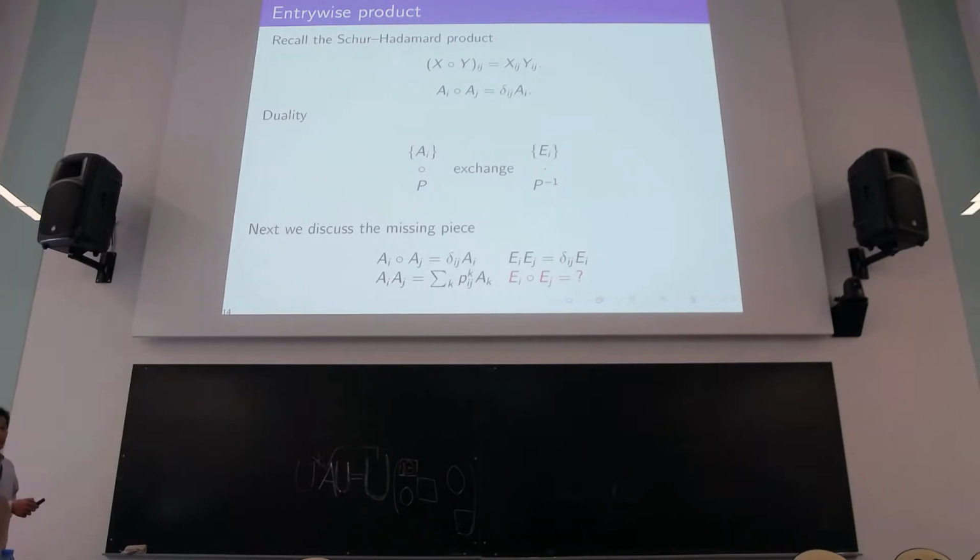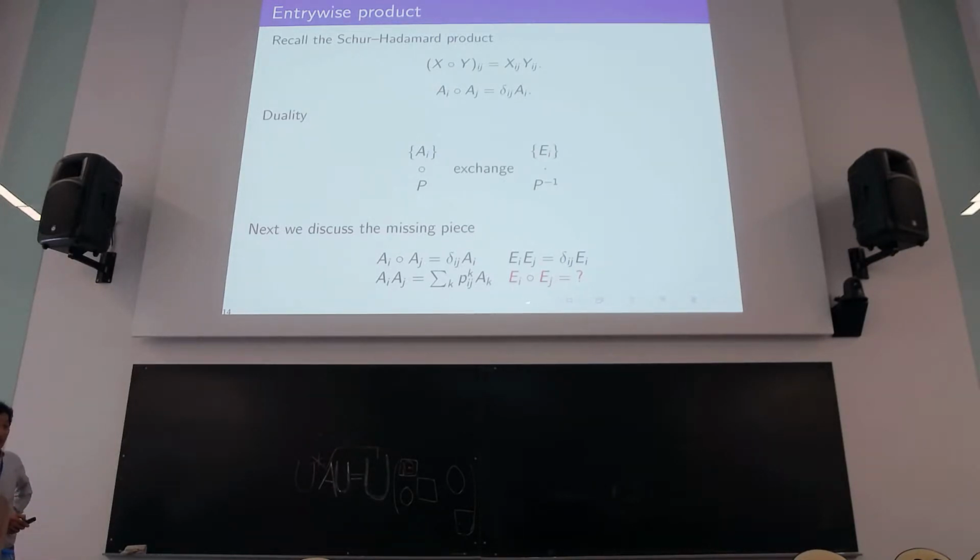So adjacency matrices behave very nicely with respect to the Schur-Hadamard product, and the primitive idempotents behave very nicely with respect to the ordinary matrix product, and the adjacency matrix expands in terms of intersection numbers. But we haven't discussed how the primitive idempotents behave with respect to the Schur-Hadamard product.